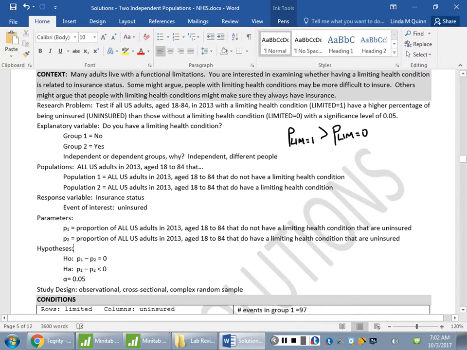Okay? Let me rewrite this a little bit. I know that limited equal 1 is my group 2. This would be limited equal 1, limited equals 0. So let me just kind of substitute here. So this would be the proportion in group 2 should be greater than the proportion in group 1.